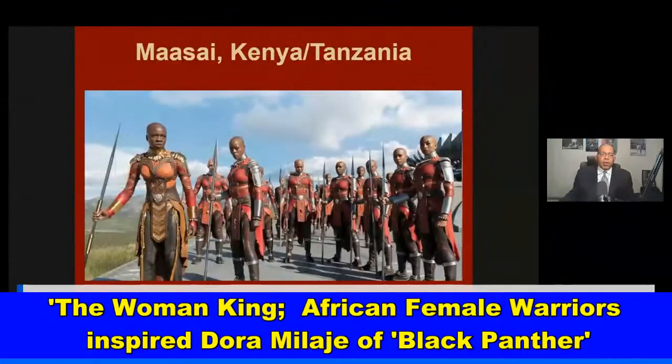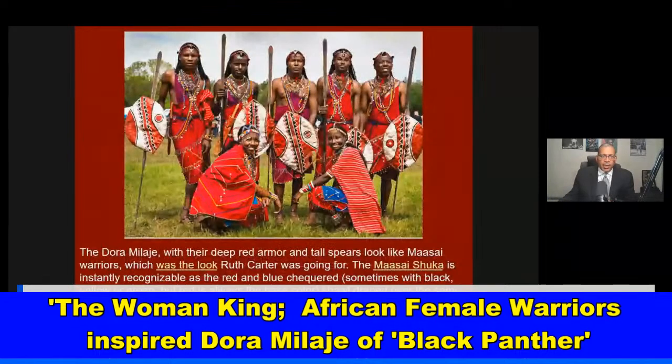All right. And then we know that the costumes of the Dora Milaje are inspired by the Maasai of Kenya. Okay, the dress of the Maasai of Kenya and the colors from Kenya as well. The Dora Milaje with their deep red armor and tall spears look like Maasai warriors, which was the look that Ruth Carter was going for.